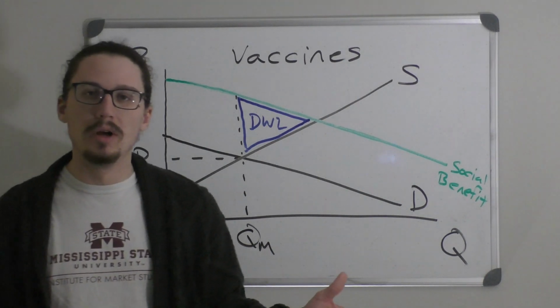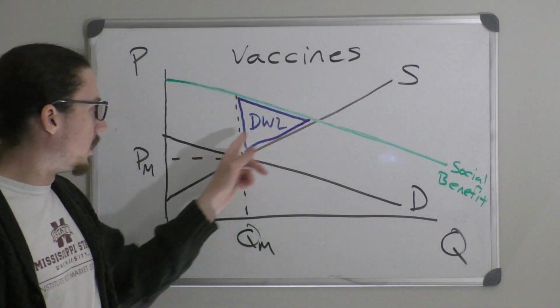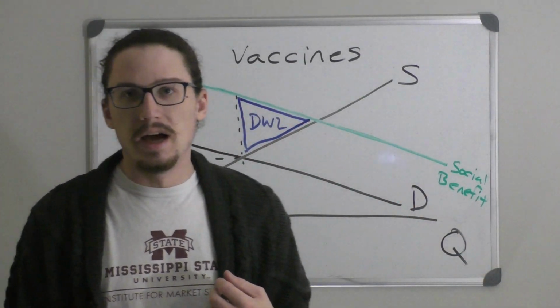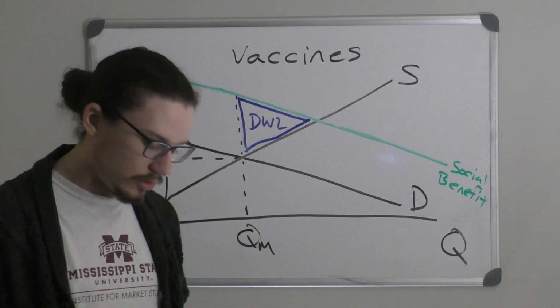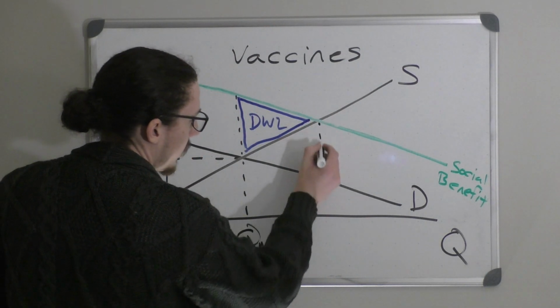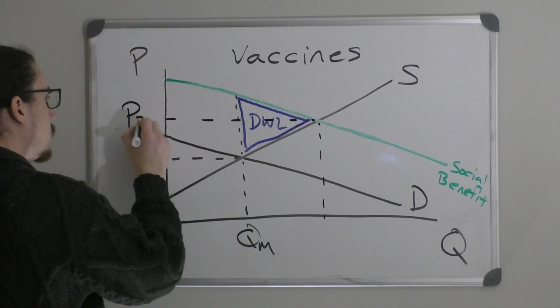It's the same interpretation: if we were to consume at this market equilibrium, our deadweight loss would be this area. It would be the lost benefit that we could have gotten if we took those social benefits into account.